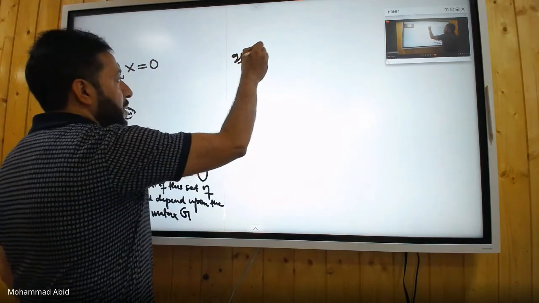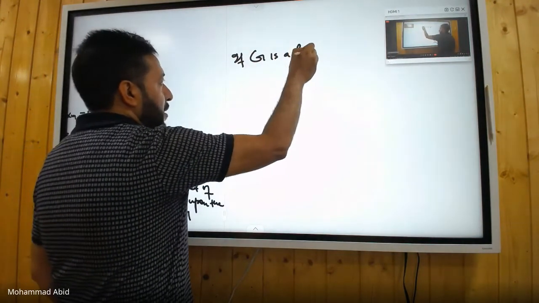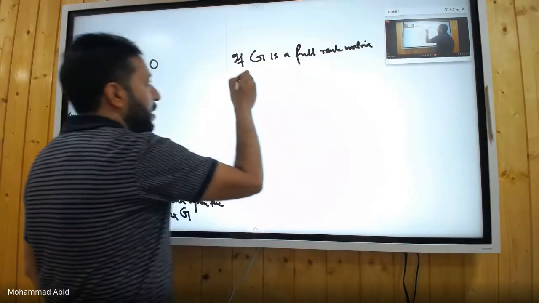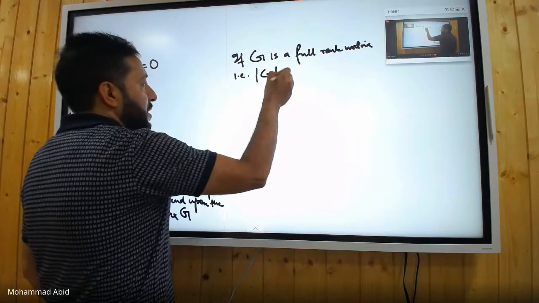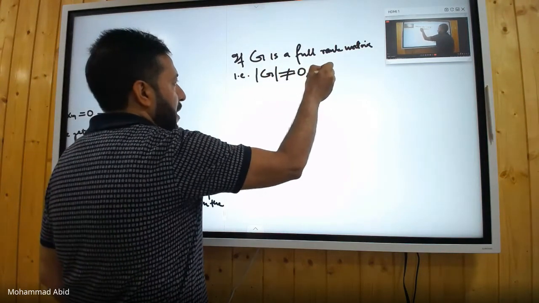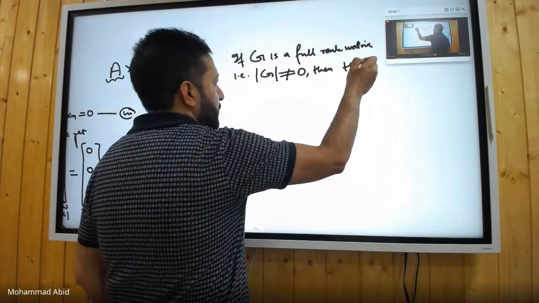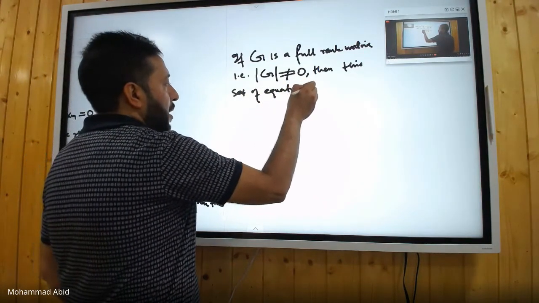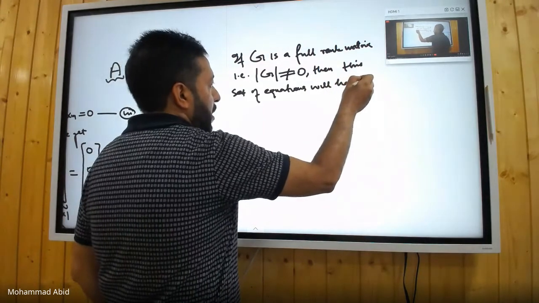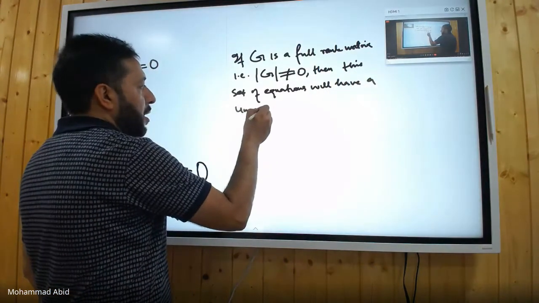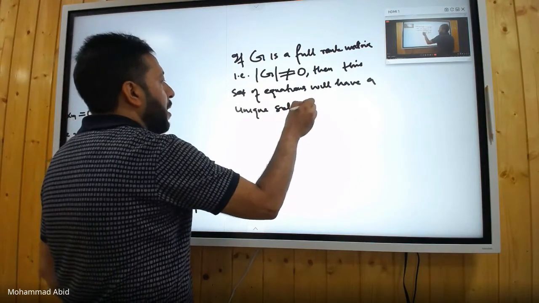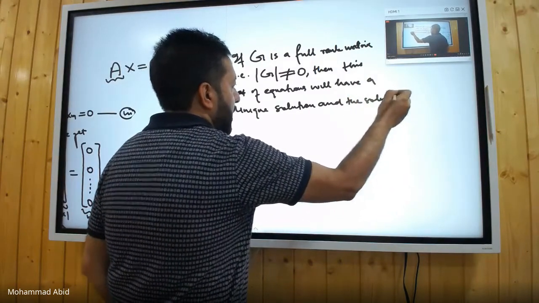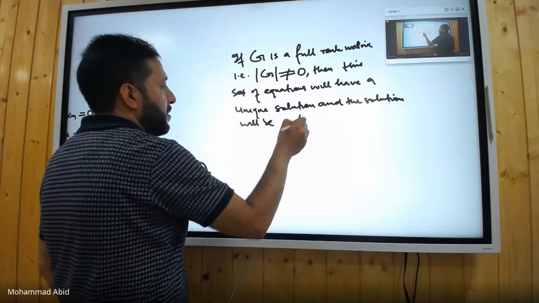If G is a full rank matrix, that is determinant of G is not equal to 0, then this set of equations will have a unique solution, and that unique solution will be this alpha vector equal to 0.